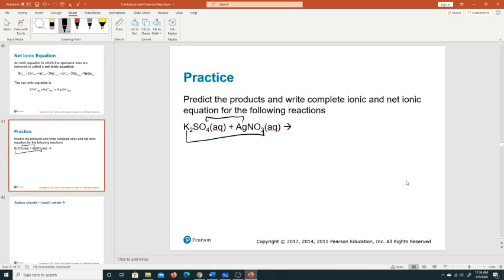K is in group 1 of the periodic table, so it's +1. NO3 is on the polyatomic ion chart, and it is -1, which you need to know. These charges, +1 and -1, cancel out, so it's just going to be KNO3.